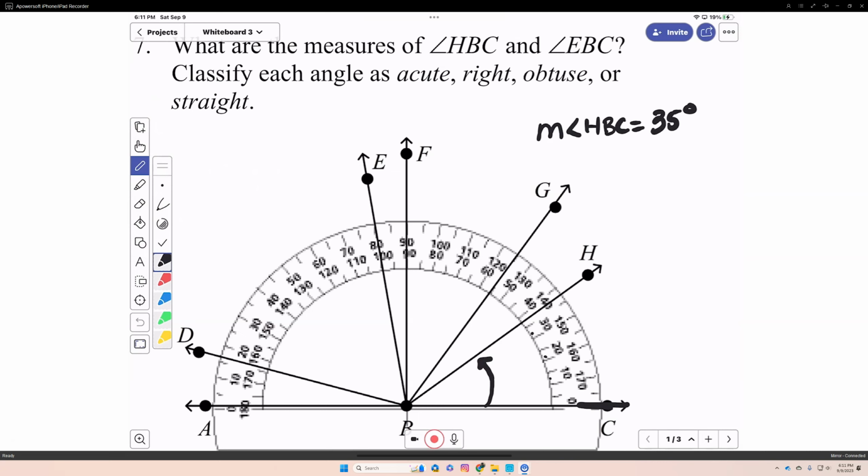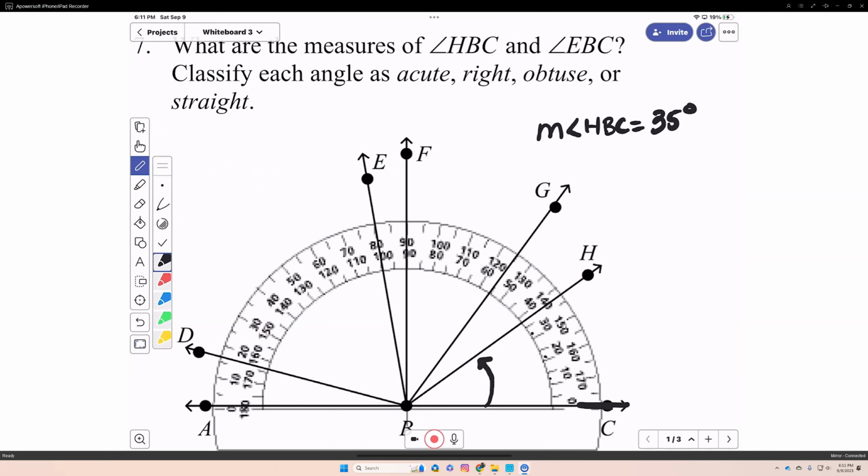So I'm going to say 35 degrees. And then it tells us to classify that. So I'm going to say it is acute. It's less than 90. Now angle EBC, I want to say it's 105.